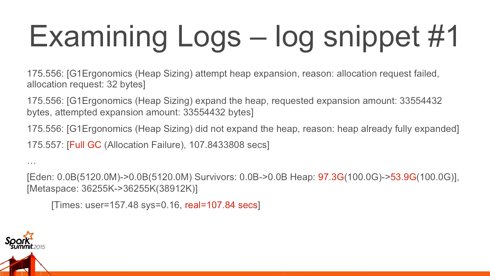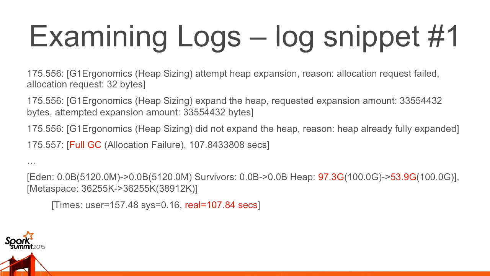So apparently the full GC is very efficient, and it looks like we have a lot of garbage piled up in our heap when this full GC happens. Right, 45 gigabytes of unused objects. All right. Okay, so this GC happens at 175 seconds after this JVM is launched.